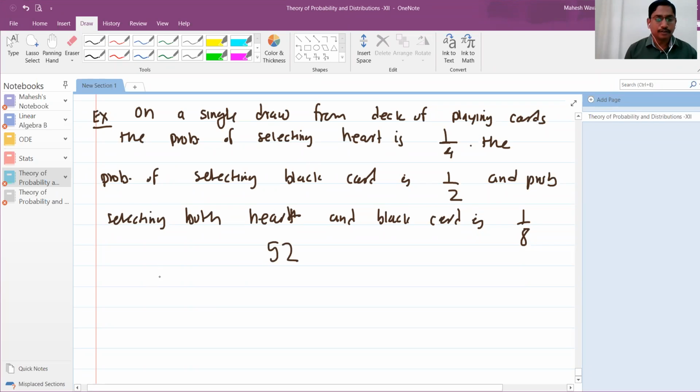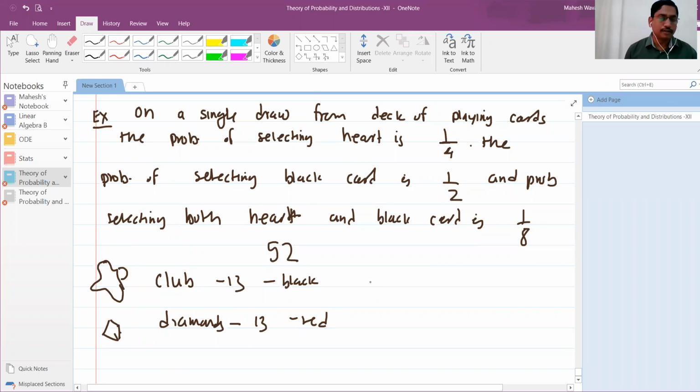No, here we are not doing the sum of these probabilities. Just think about the playing deck of cards. Which probabilities are correct? Club cards are 13. I will draw the shape of the club card randomly here. Club cards are 13. Diamonds 13. Clubs are black cards. Diamond is a red card. Then hearts, also 13, and heart is red. And the last one is spades, which looks similar to the club. Spades 13, which is black.